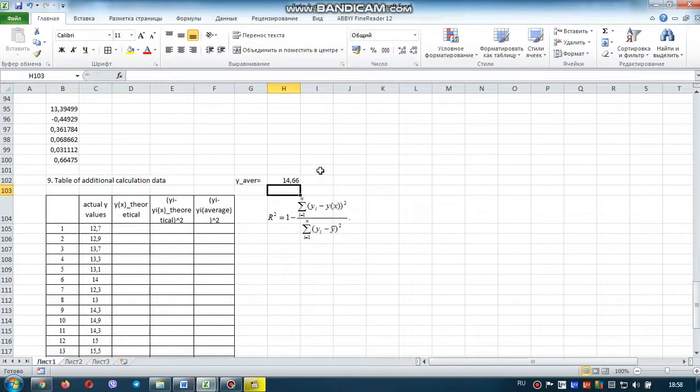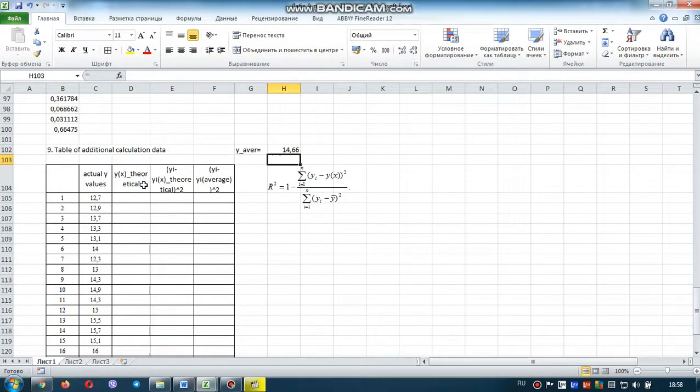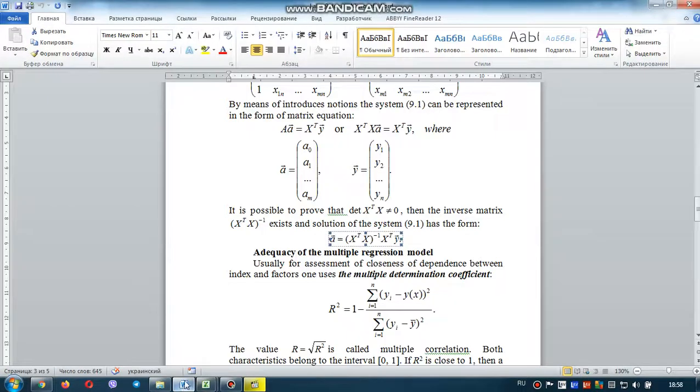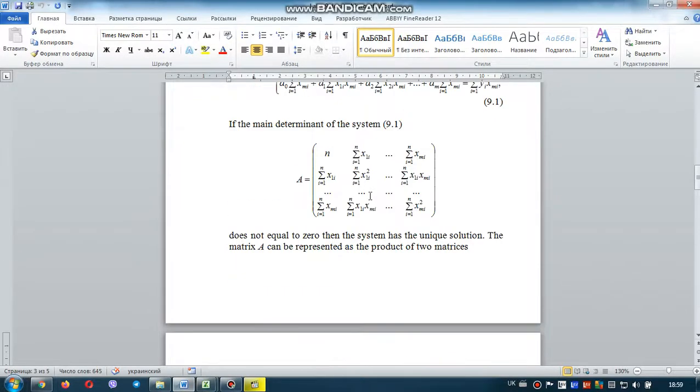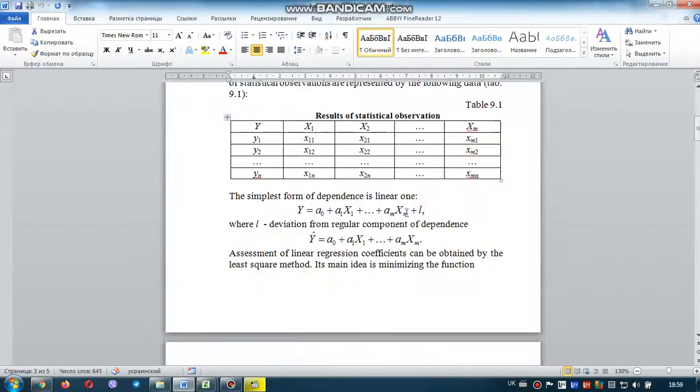Okay, so let's try. To determine theoretical value, we have to use this formula. A0 plus A1x1 plus ANXM.